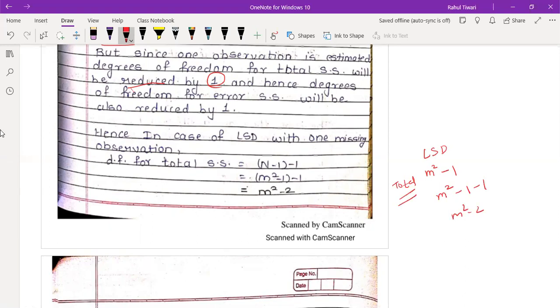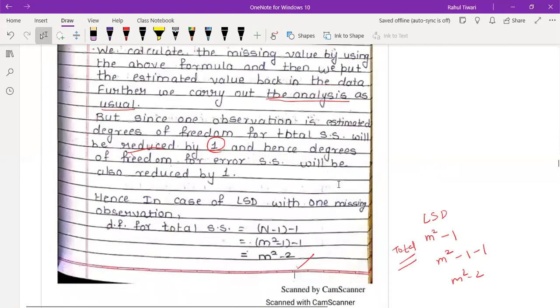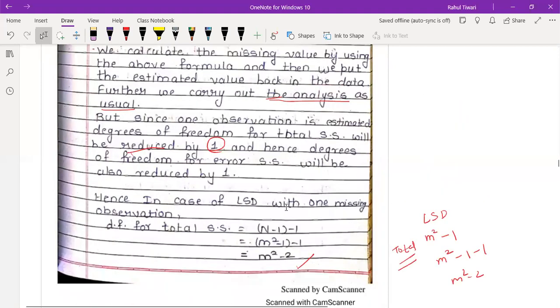So you will get m square minus 2. Similarly, you can write for rows, for columns, for treatments. I think if you understood, रो, कॉलम और ट्रीटमेंट का डिग्री ऑफ फ्रीडम m-1 आएगा ना? Yes, correct.